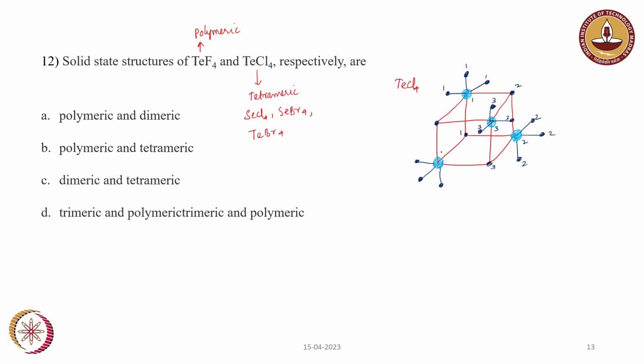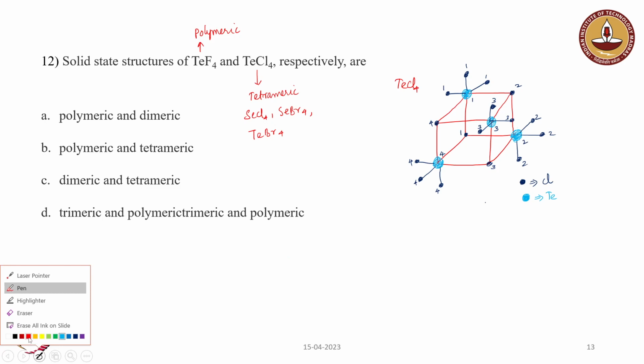And if we give this one as the fourth one, so this will be the chlorine on fourth. So if we count, there are 4 chlorine on each tellurium, and it's tetrameric since there are 4 such units present.